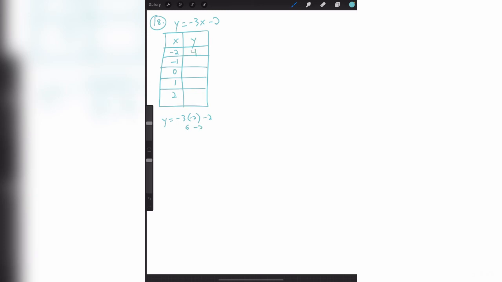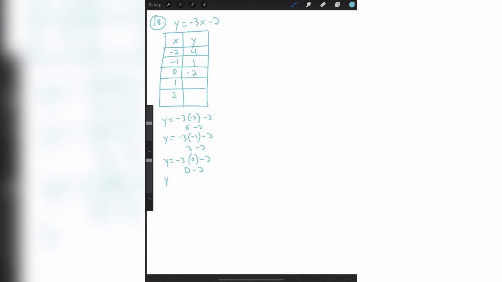All right, let's do the next one. -3 times -1 minus 2. That gives me a positive 3 minus 2. 3 minus 2 is 1. y is equal to -3 times 0 minus 2. -3 times 0 gives me 0. 0 minus 2 is -2.